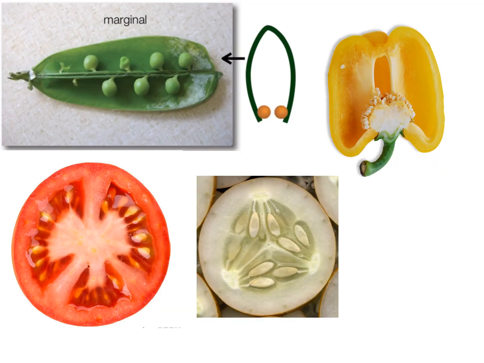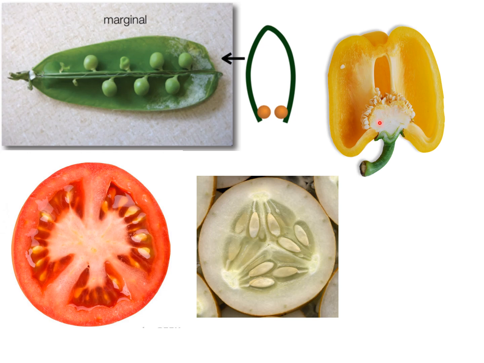Here are some examples. Let's see which one is marginal. This is marginal placentation. You can see that there is only one row of ovule attachment and only one carpel. And here is an example of free central placentation.